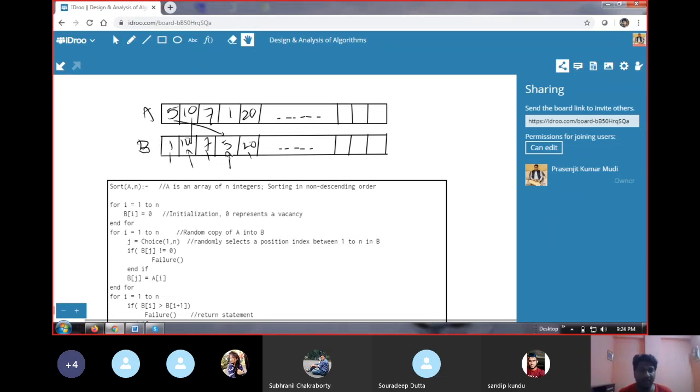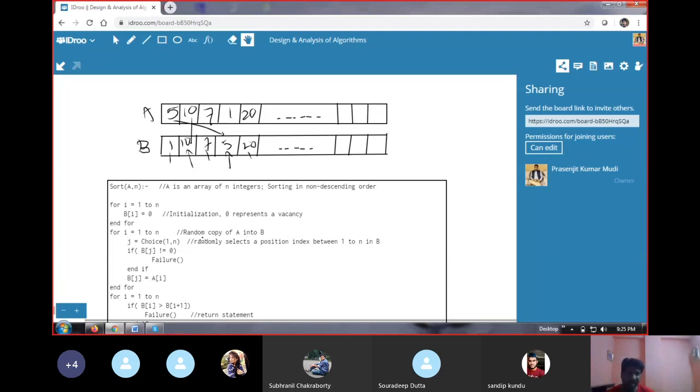There I randomly select a position index and check whether that position is already occupied or not. If it is not occupied, I copy a value of A into that position. Otherwise, I stop there. In this way we can achieve sorting in one shot.